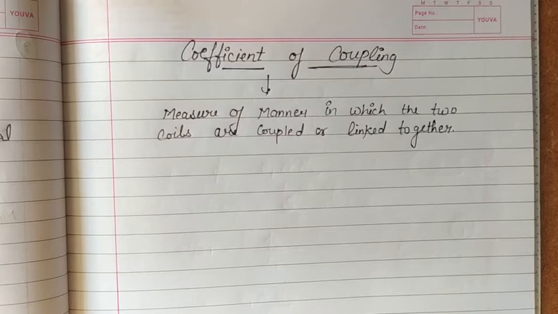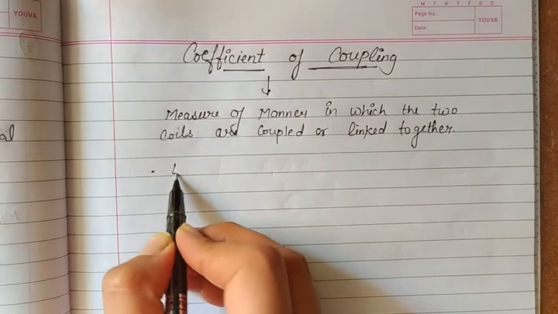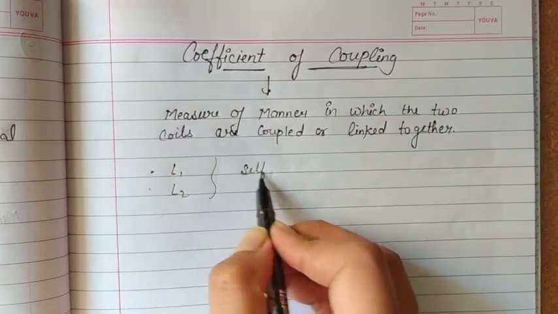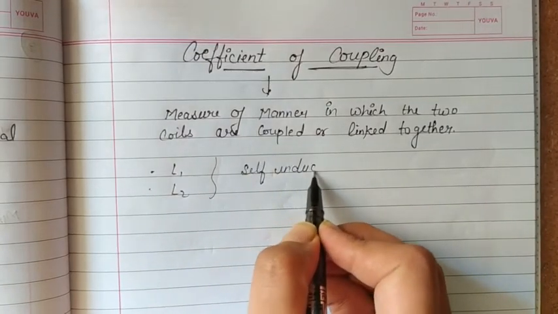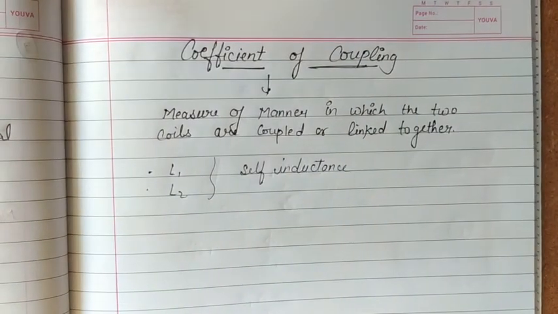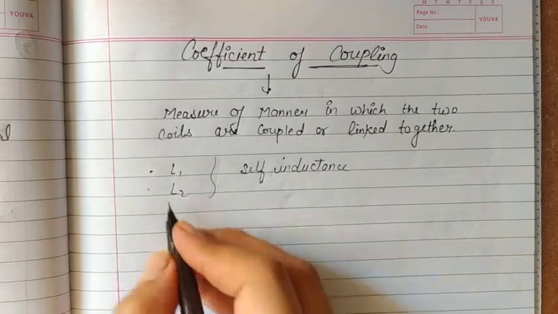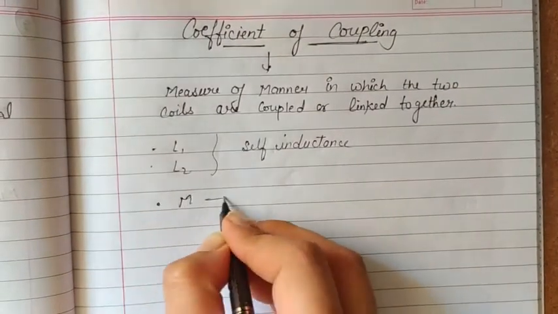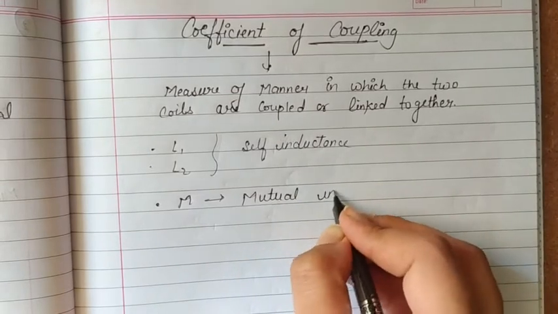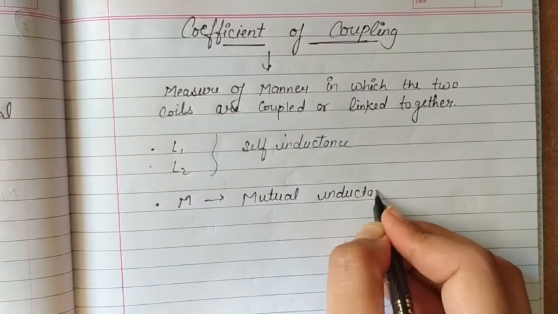If we have two coils, L1 and L2 is their self inductance, and M is their mutual inductance. There are two coils which are linked together.